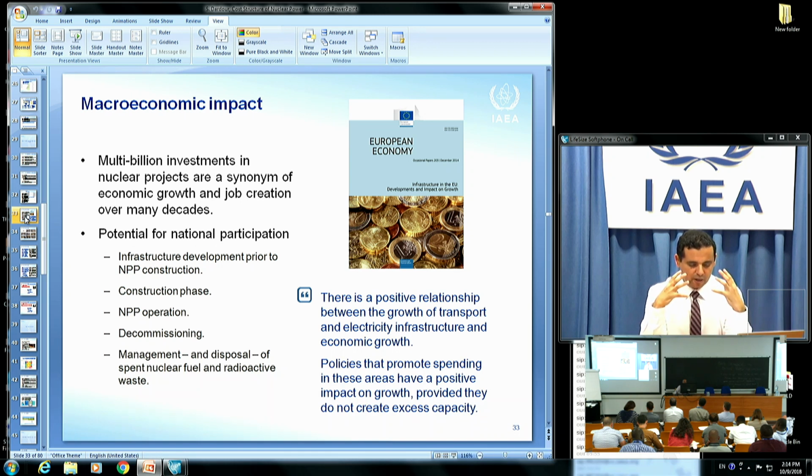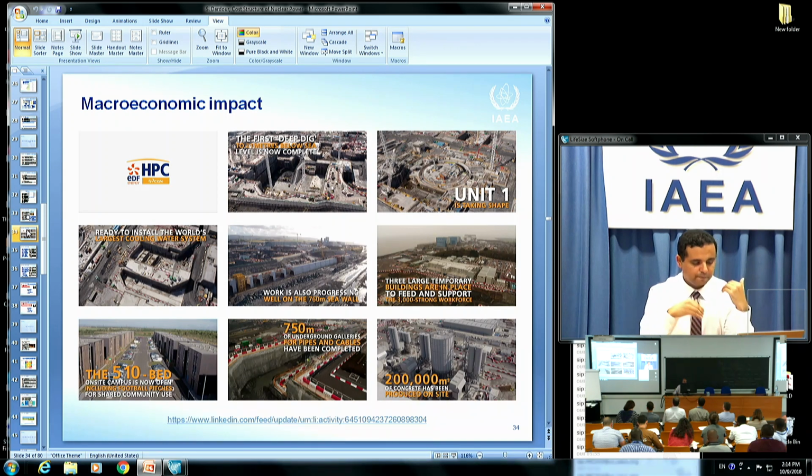And if we take a country, so maybe you can move to slide 34. This is from the Hinkley Point C project in the UK. It's a nuclear project. A nuclear project is a big project. It has nothing to do with a combined cycle or a solar panel field project. This is a huge project.